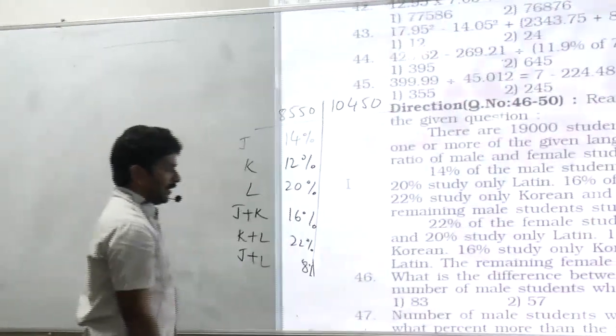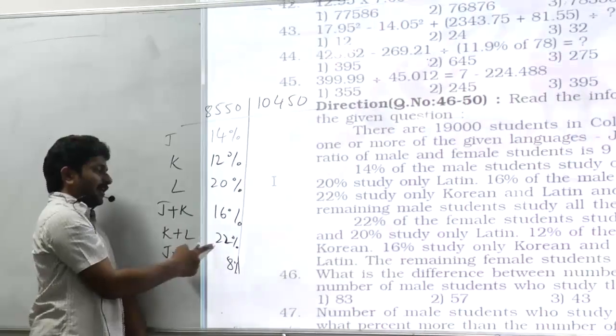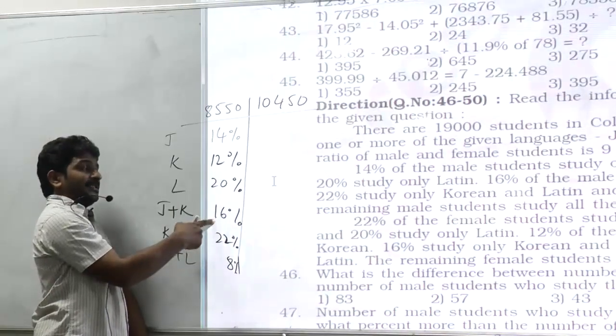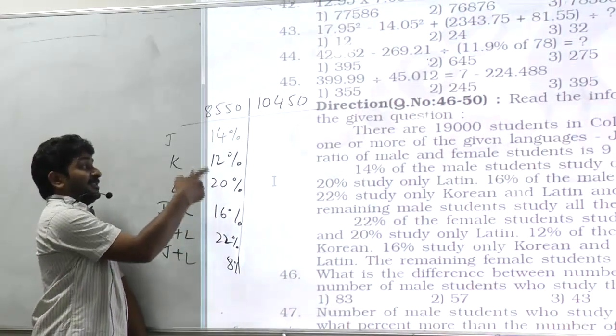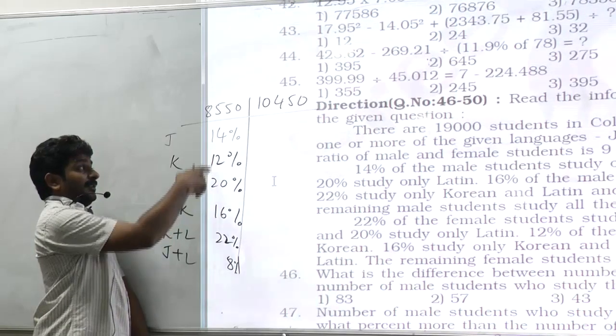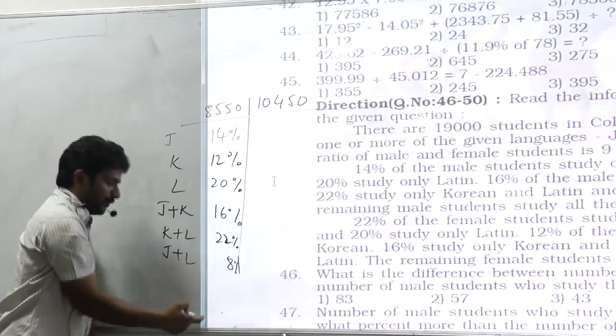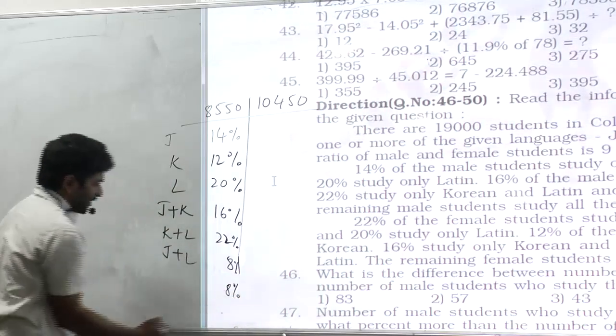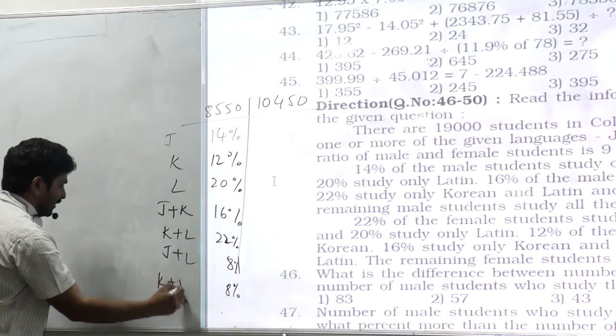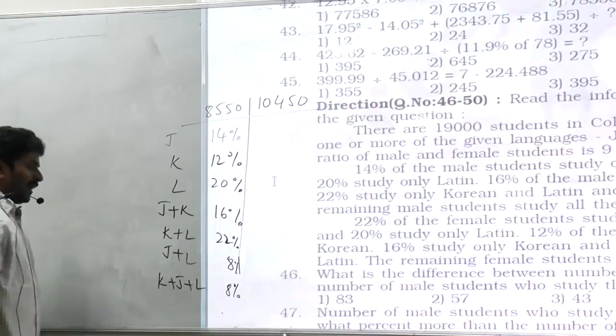Remaining all. 22 plus 8, 30. 46, 66, 78, 88, 92. Remaining 8%. So these 8% study Korean, Japanese and then Latin.